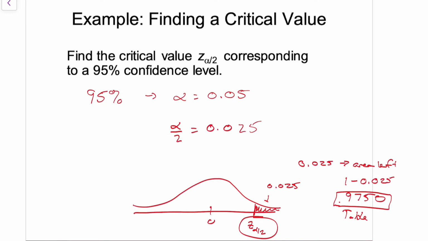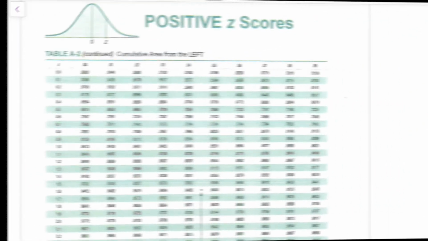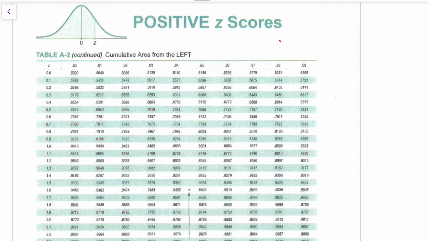So let's look at our standard normal table. Like we said, we're looking for an area in our chart of 0.9750. Here I see I have 0.9850. I want to look around, and I see right here this gives me that area value of 0.9750.